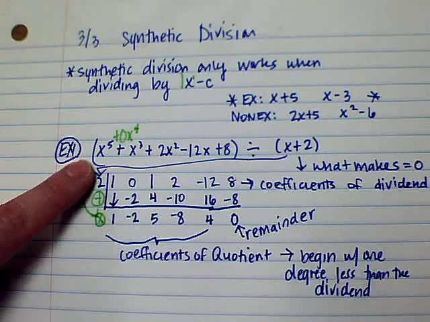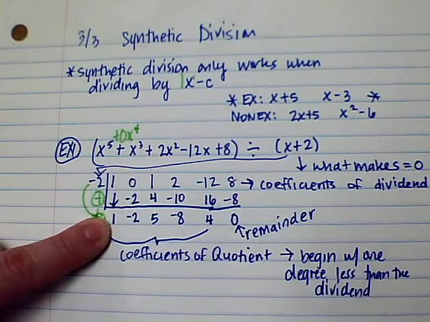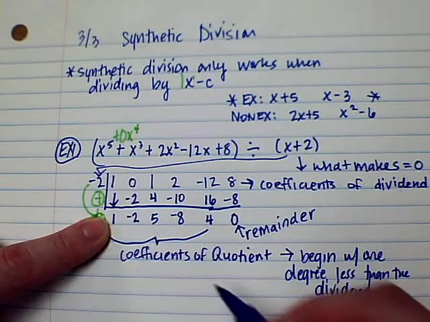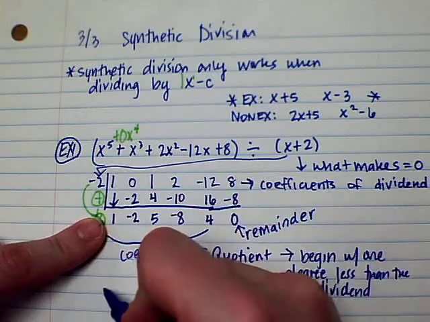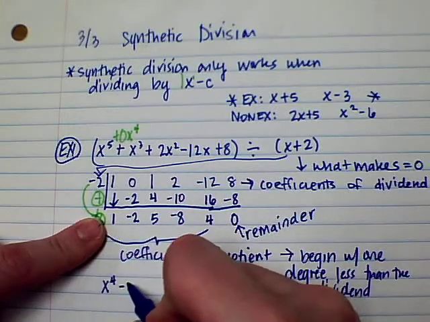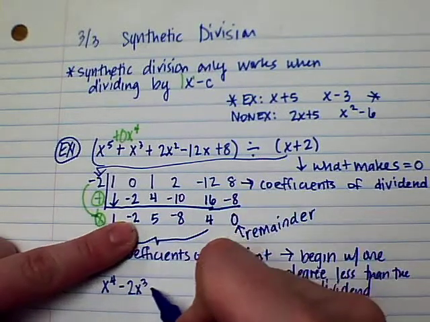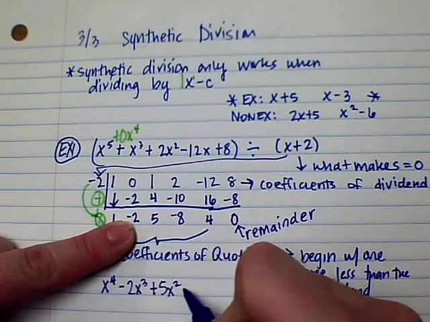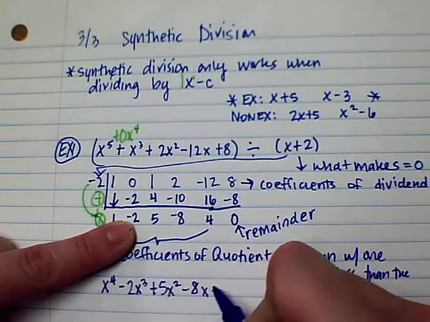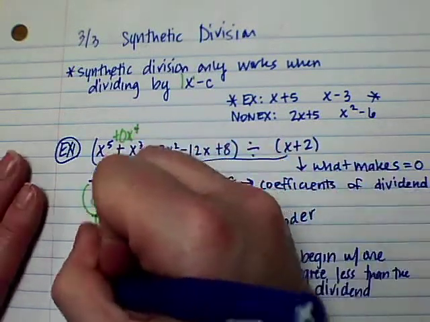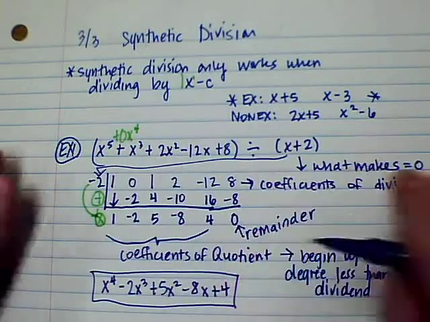So if my dividend starts with x to the 5th, my quotient is going to start with x to the 4th. So these are the numbers going in front. So I'm going to have 1x to the 4th minus 2x cubed plus 5x squared minus 8x plus 4. And then there's our answer.